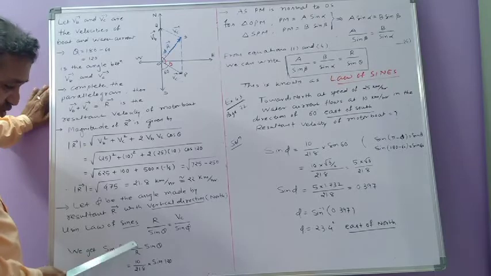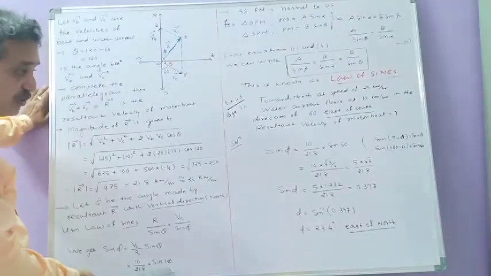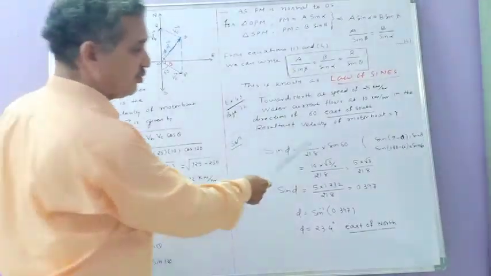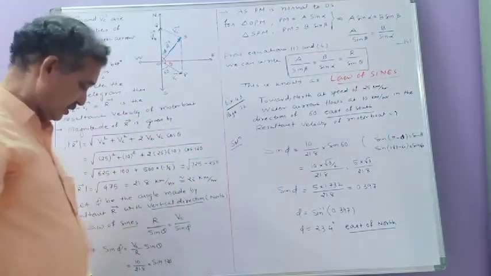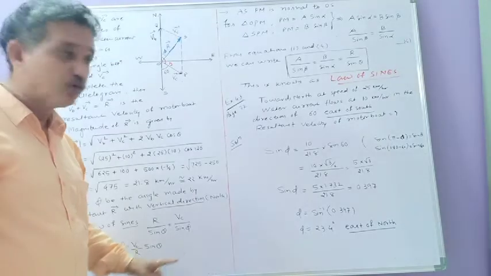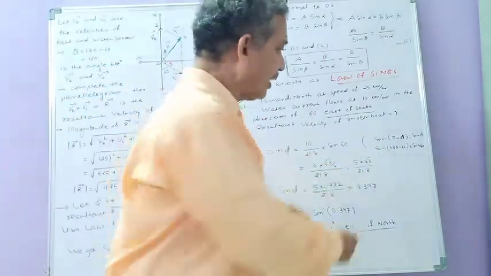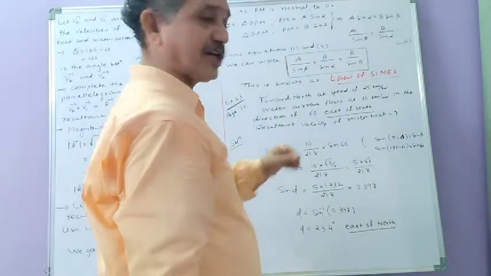Therefore, sin phi equals VC upon R into sin theta. So VC value is 10, R value is 21.8, and sin 120 is there. Therefore, sin phi is equal to 10 upon 21.8 into sin 60. Sin 120 is equivalent to sin 60. According to trigonometry, sin of pi minus theta is equal to sin theta.